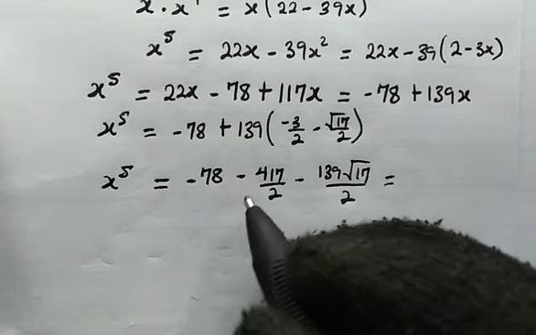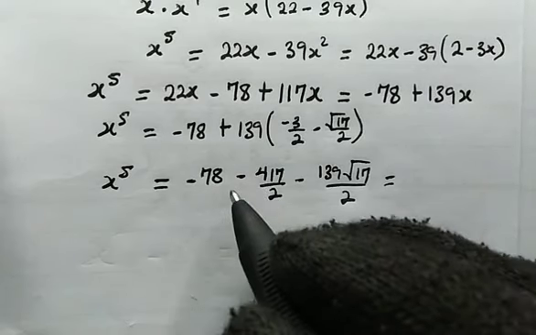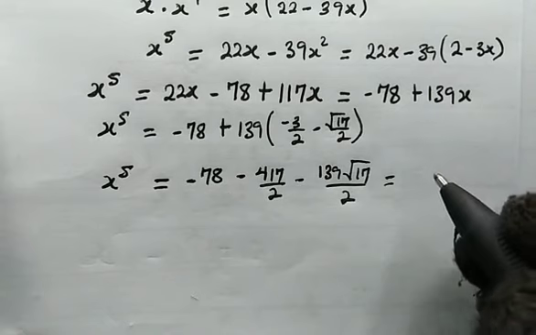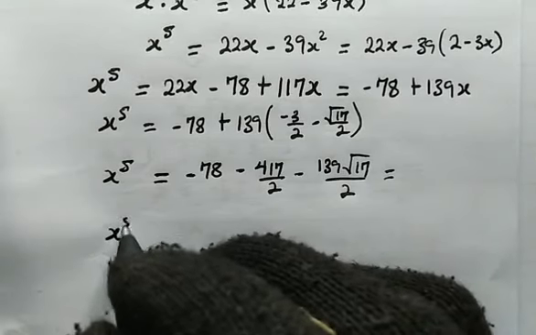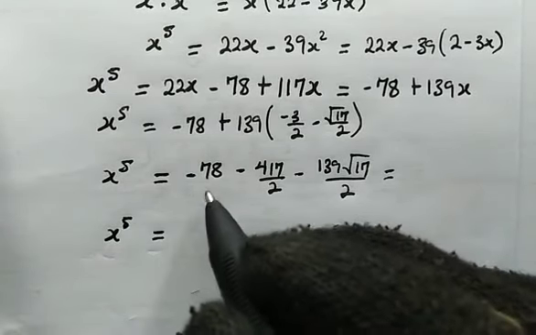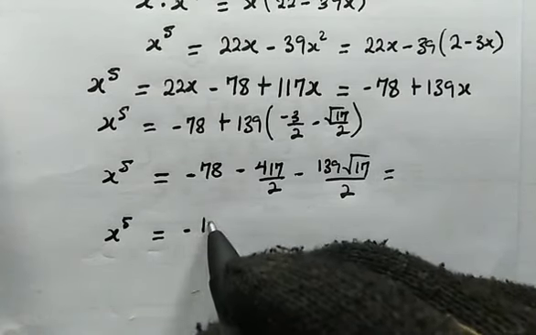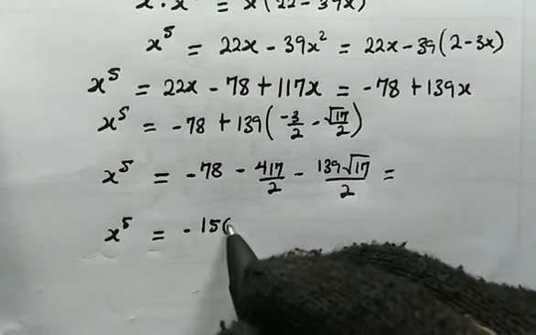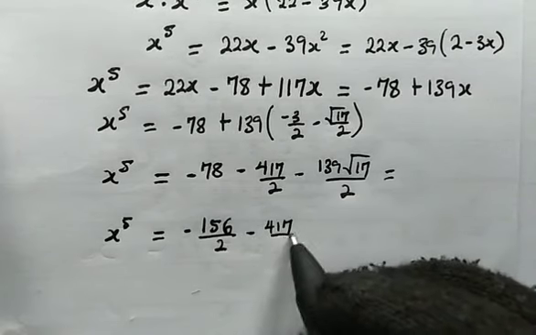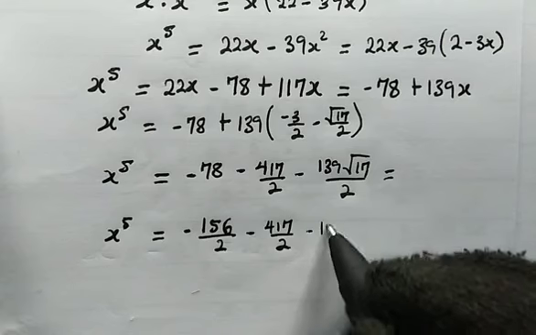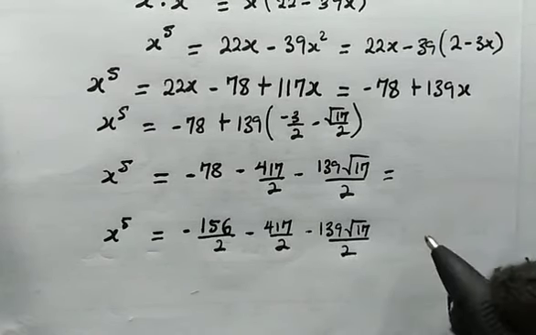Yes. So x to the power of 5 equals negative 156 divided by 2, minus 417 divided by 2, and minus 139 root 17 divided by 2.